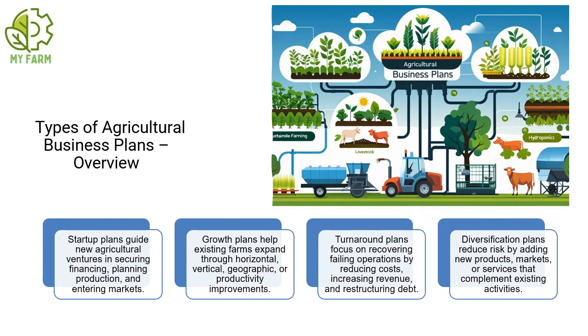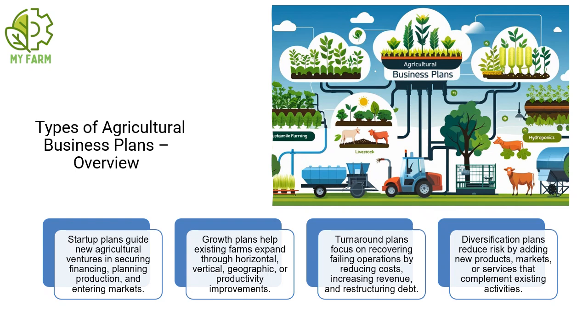The second type is the growth plan, created for farms that want to expand production, enter new markets, or invest in improved technology. A growth plan evaluates financial capacity, production potential, and future profitability.